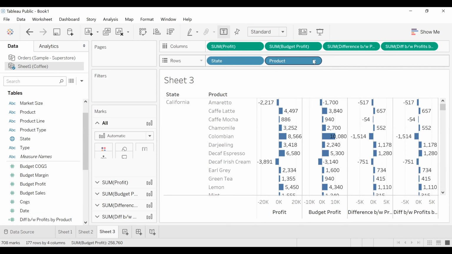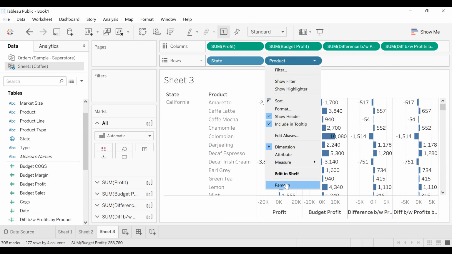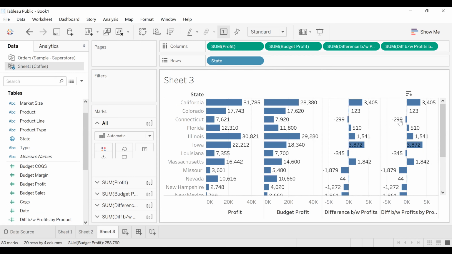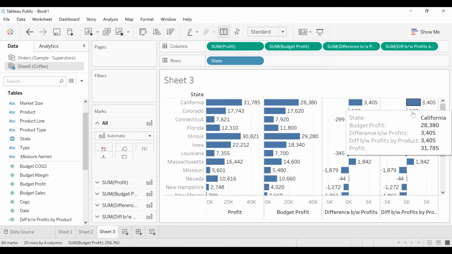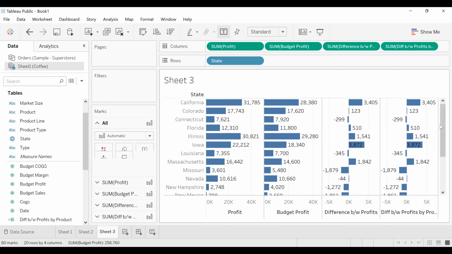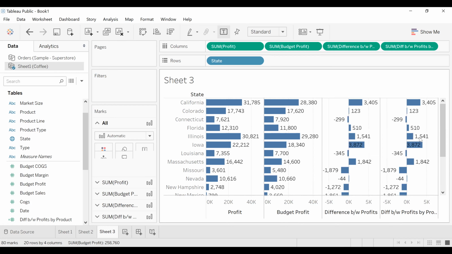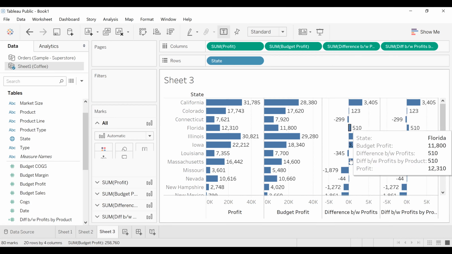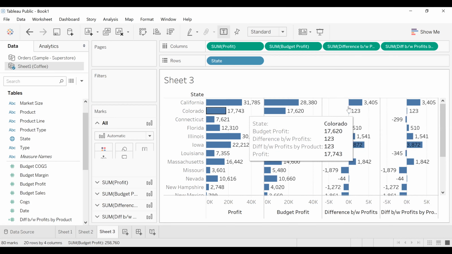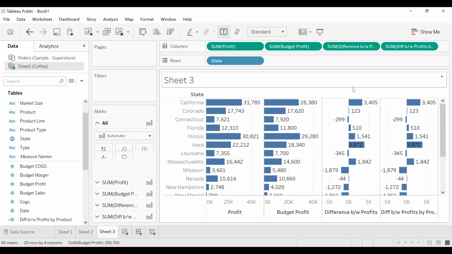Let me remove that from here. It is showing us, for each of these, what will be the sum of profit. So this is happening at the product level, and this is happening at the state level.